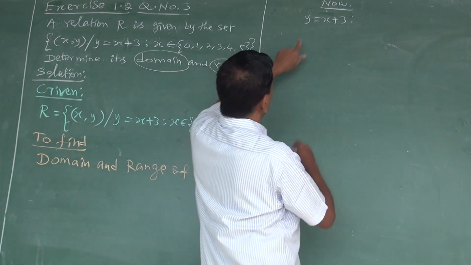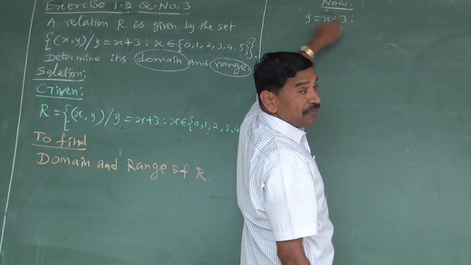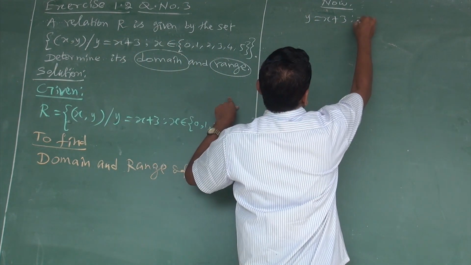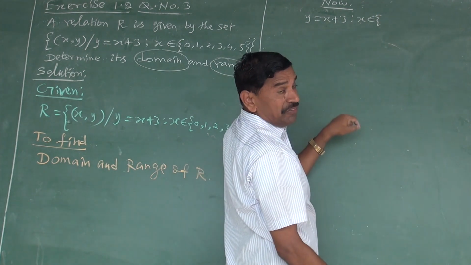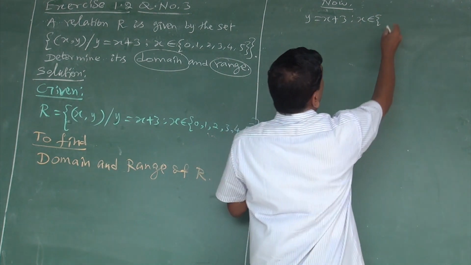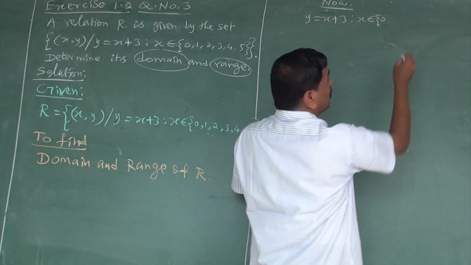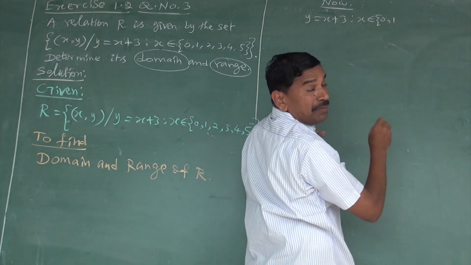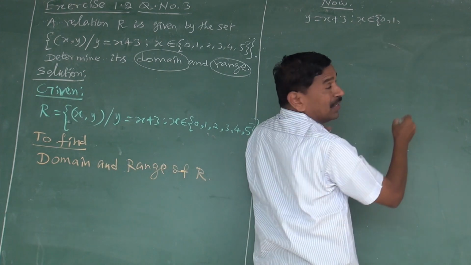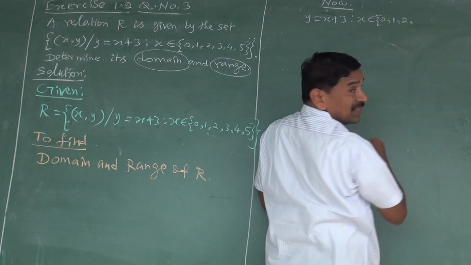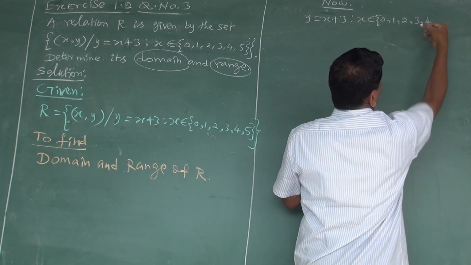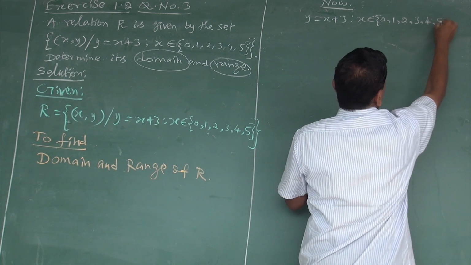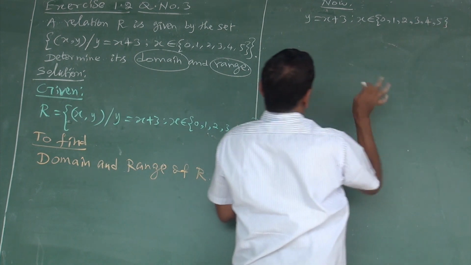So y is equal to x plus 3, and x belongs to the set {0, 1, 2, 3, 4, 5}. Complete the flower bracket. Okay, condition is ready.